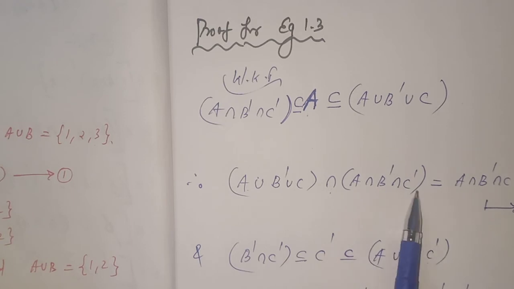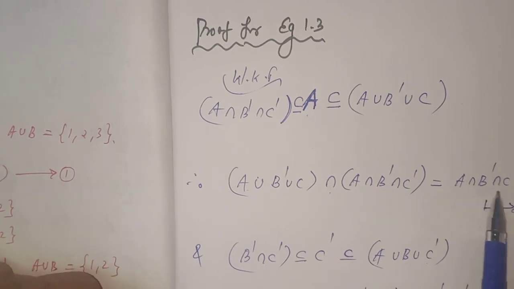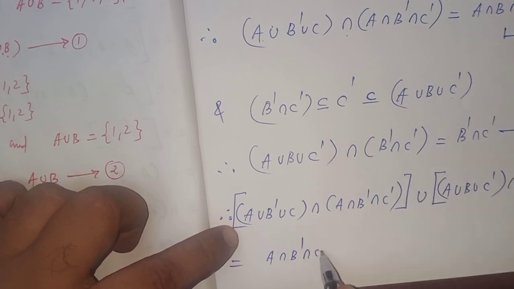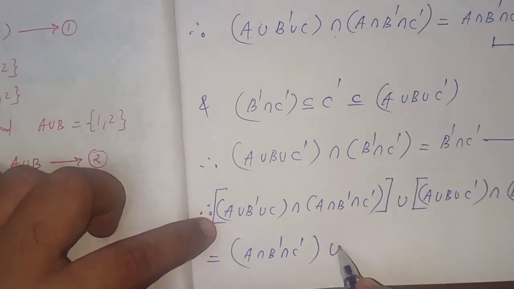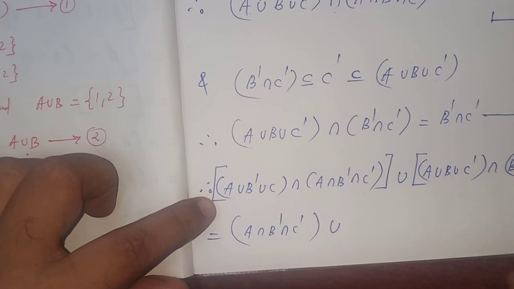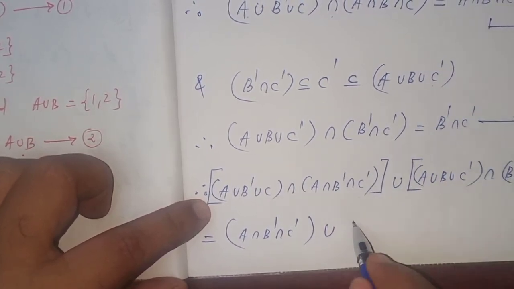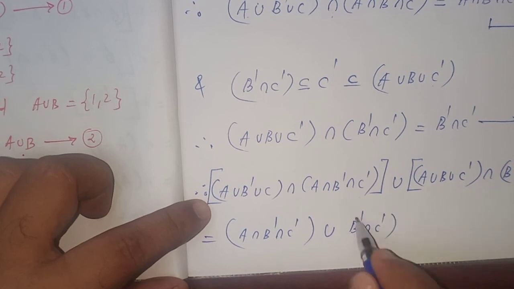Here it is. What is the result? A intersection B dash intersection C dash, union. This one here. What is the answer? B dash intersection C dash, B dash intersection C dash.